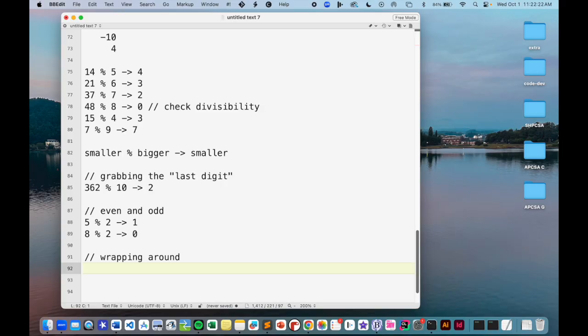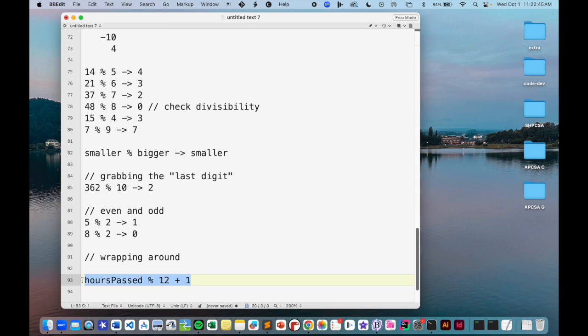And then plus 1, because otherwise it's 0 to 11 instead of 1 to 12. But let's say it was midnight and 33 hours have passed. How could I get the time is how many hours have passed, mod 12, and then an additional plus 1 to get it between 1 and 12, right?